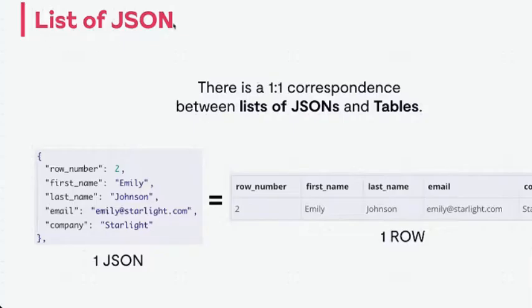Here, when we have a list of JSONs, we can see that Emily here, first name Emily, last name Johnson, email, and her email fits very well into the row format, where we have the different keys that are the different columns of our table. So we can imagine that if we have a list of 3 JSONs, then we have an equivalent table with 3 different rows, each one with the values of the corresponding row.